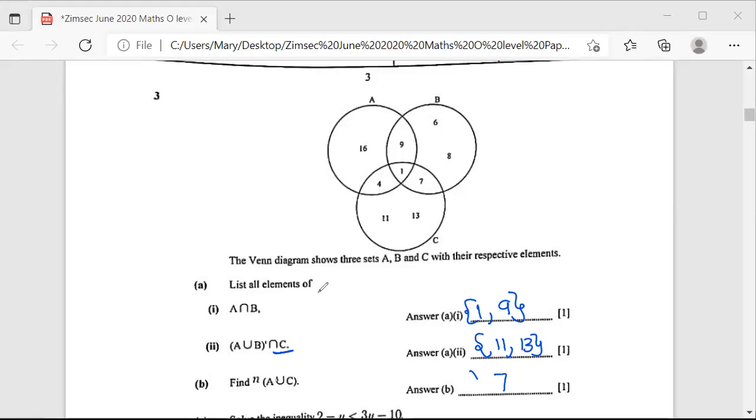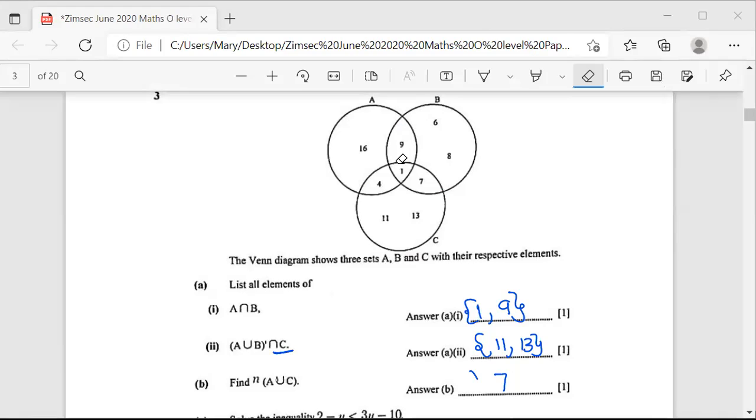A union C, which is going to be this one. A union C, which is A union, this one that I've shaded now.